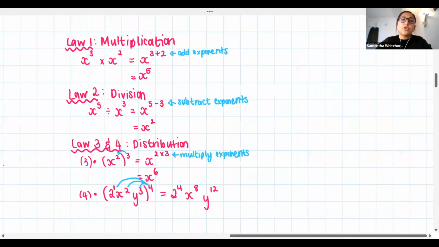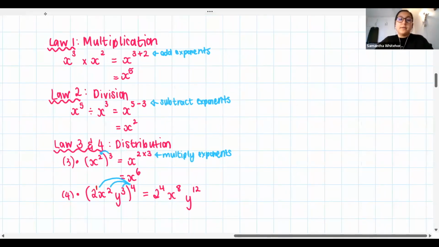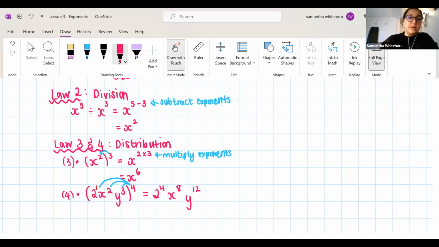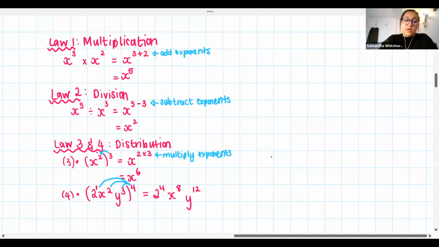Right. So those are essentially the laws that we've dealt with. We also dealt with one definition this year, which sort of leads on from our division law. And this now goes to Nelson's question of what happens if our exponents are the same.